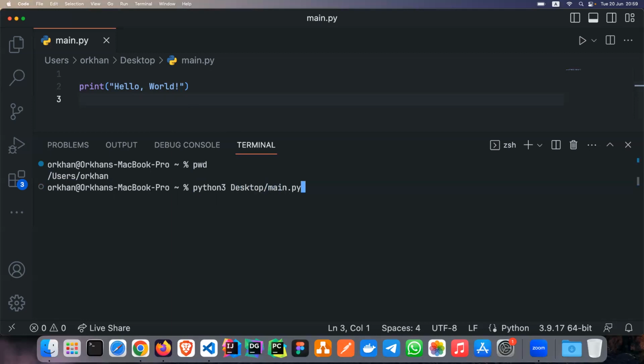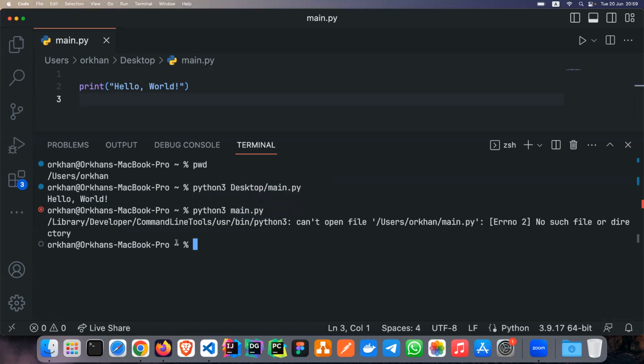Okay, I'm in here. My file is in /desktop/main.py. This will give the same result. You need to provide the path to the file because Python needs to know where the file is located. If I don't provide the correct path to the correct file, I will have errors like can't open file.